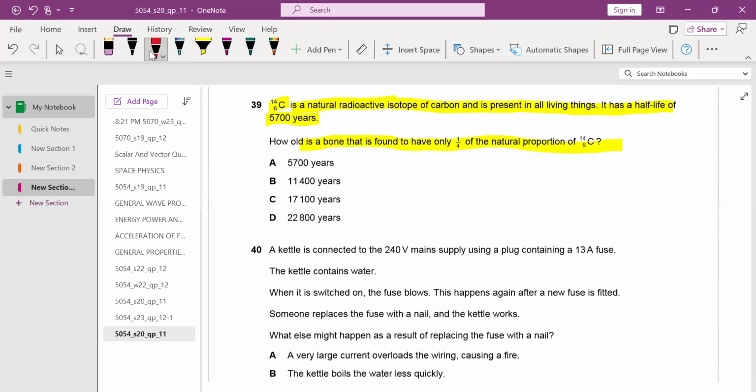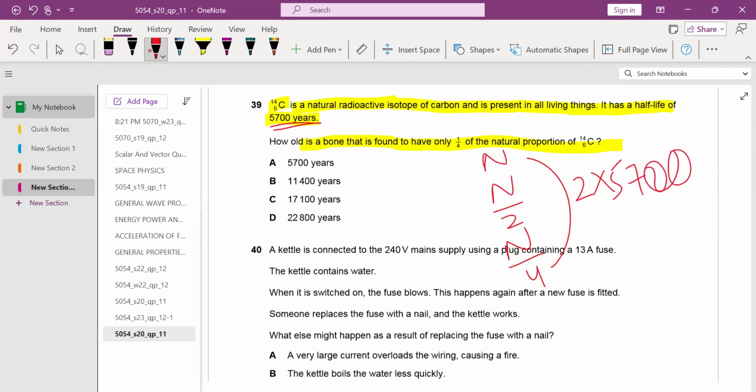So what you have to do, you can consider that first the amount is, for example, N, then it becomes N/2, then N/4. So here are two half-lives. The half-life is given, and when you multiply this by 2, you get the answer, 11,400 years, which is option B.